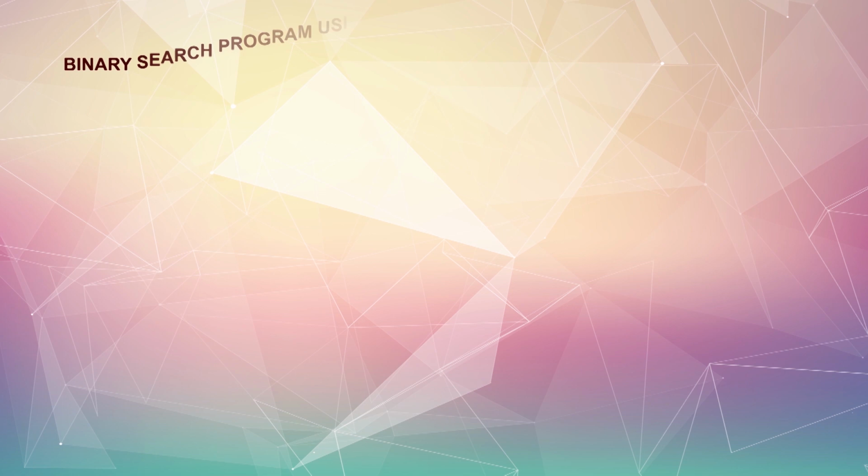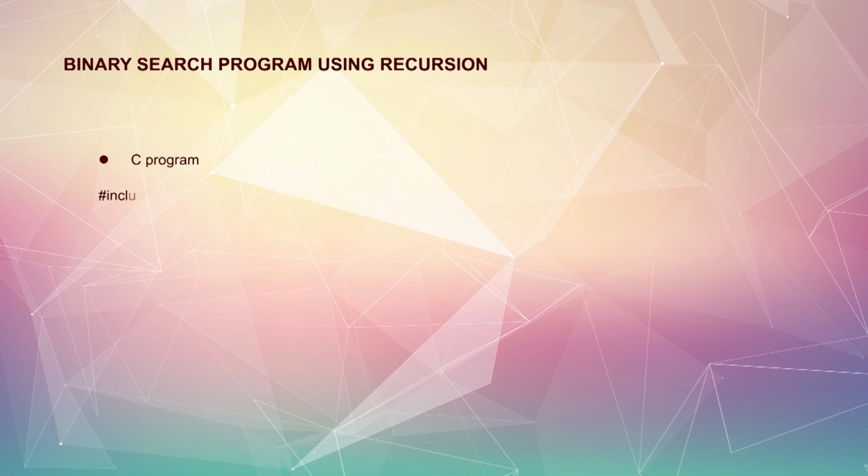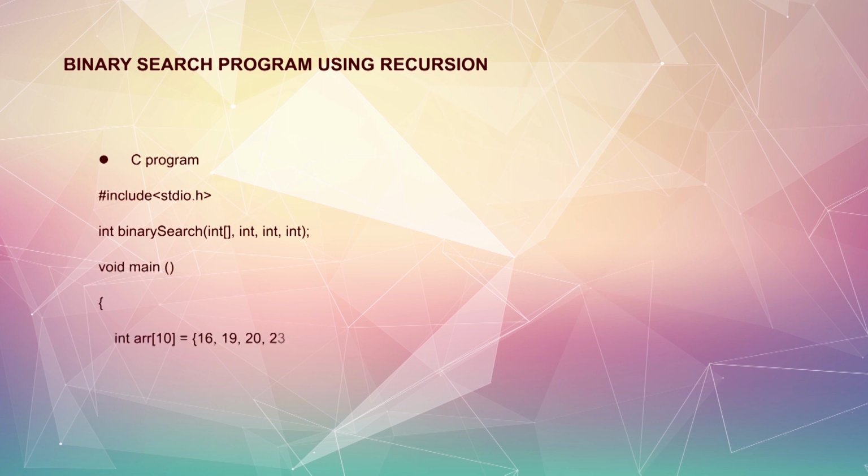We have also discussed the C programming, how we can write our C program code. Initially you write the header file, then int binary search with however many variables you require, then use void main. You pass the array as we discussed in the linear search, put in all the values, then take int item, and location equal to -1.